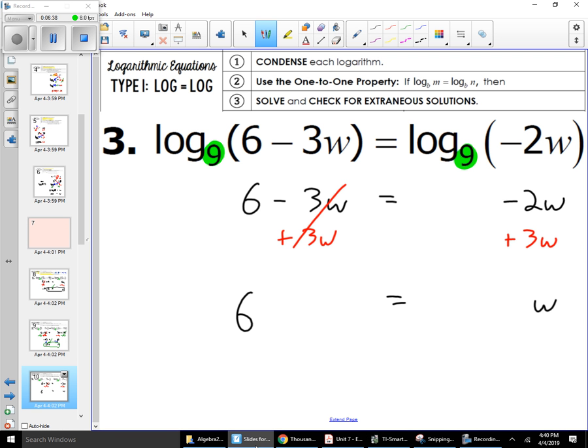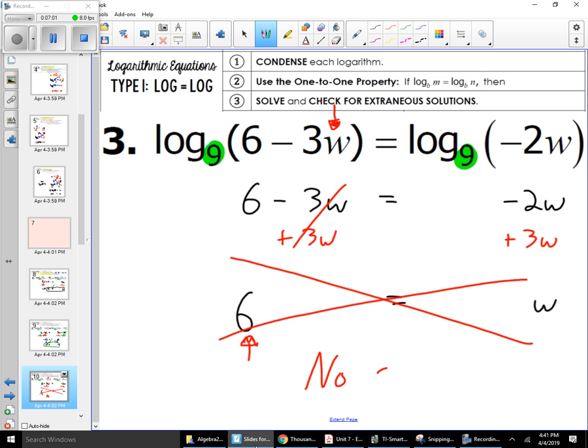Note that if we go back and double-check all of our steps, they are good, but it gave us a value, this 6, which breaks the domain of the logarithm. Because if I try to put a 6 in for that w, I'll get 6 minus 18. That's a negative number, and it does not work. So this equation actually has no solutions.